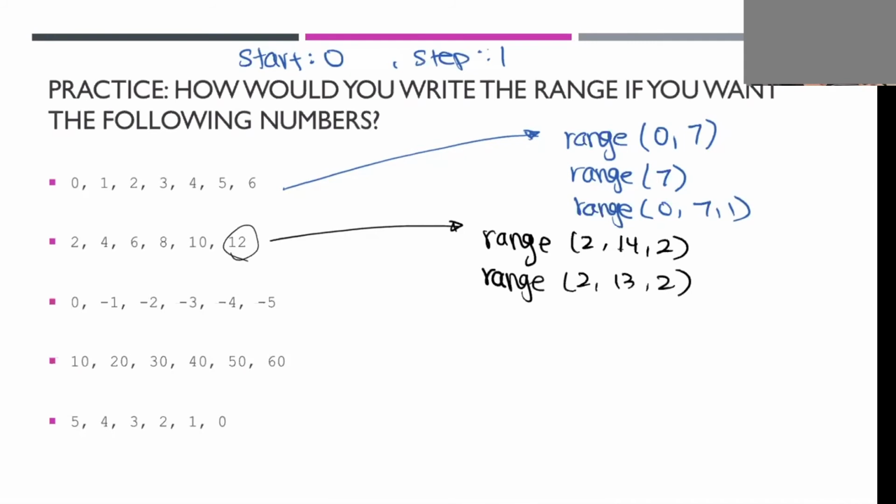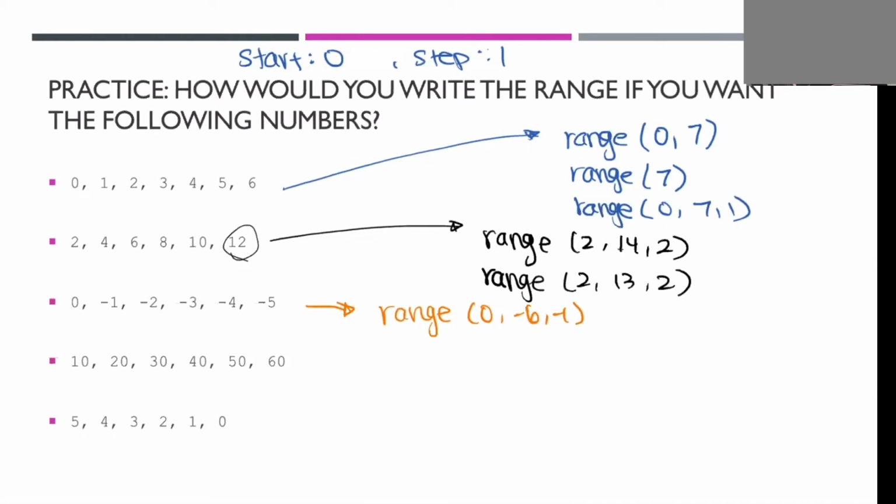Nice. And then we can do this one. How would we write out this range? Good. So someone said range 0, -6, -1. For this one right here, we start from 0. We're going up to, but not including, -6.